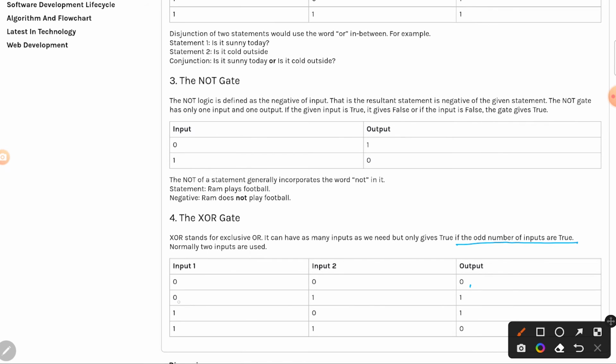Here there are 2 and still off. Here there are 2, still off. But if there are more than 2 inputs, like 3 inputs, and those 3 inputs are true, then the result will be true, which is a little bit complicated and a little hard to understand. You rarely use this in real life. In the majority of cases you will be using the first 3.